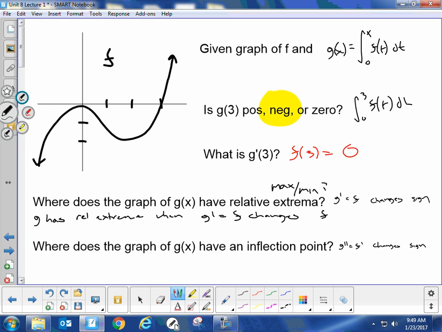Therefore, G has a relative min at positive 3. Remember, if your derivative is negative, your function is decreasing.